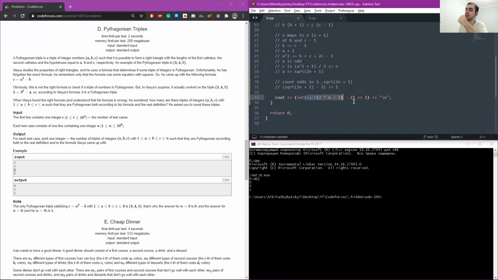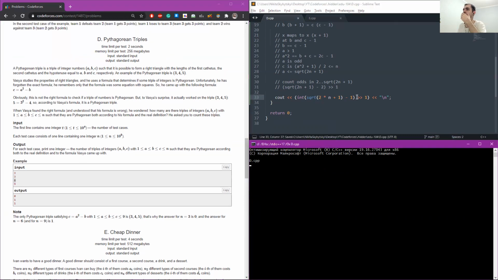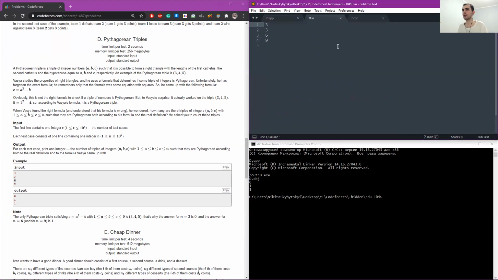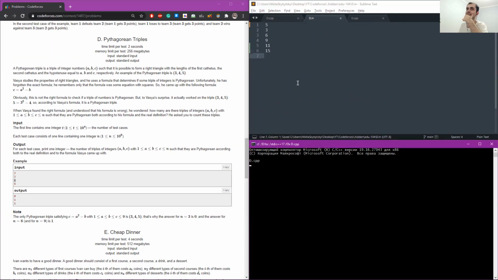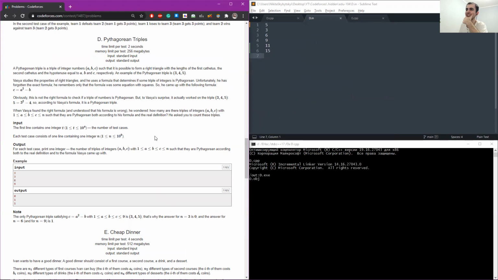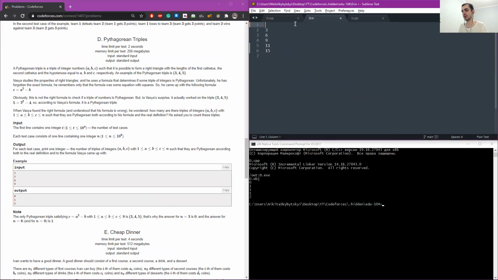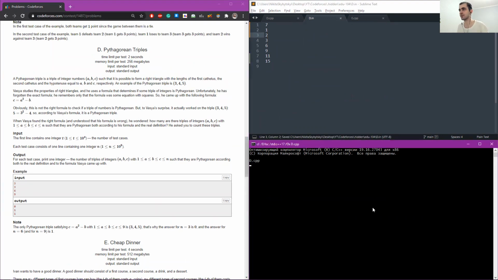Let me think, if this is 5, maybe we just want 1 here. Well, that's correct, but you can't obviously let it go just like that. Not exactly sure what we should test here. Maybe we should test n equal to 1. Actually, now that I think about it, we should test this kind of thing.